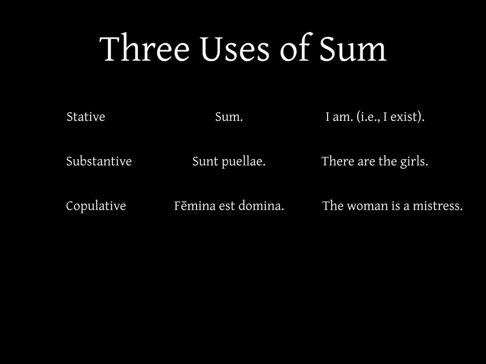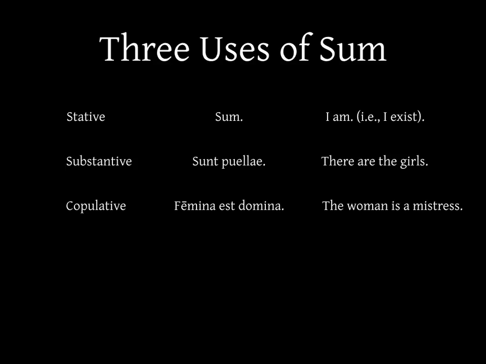And then the last use is the copulative use. Sum is a copula, we call it, which is just the Latin word for connection. So the thing that sum can also do is connect two nouns or adjectives, two ideas, people, places, or things together and equate them.